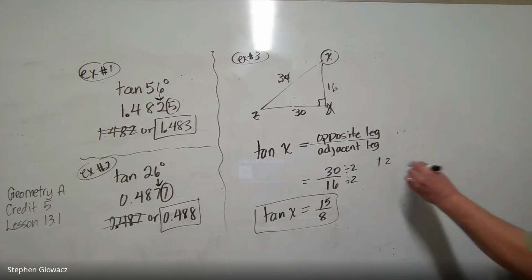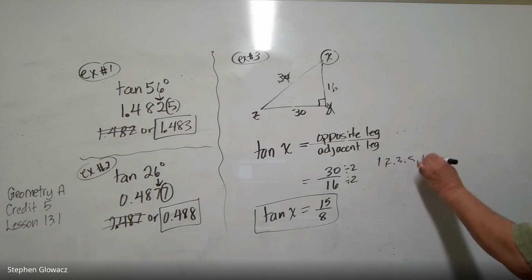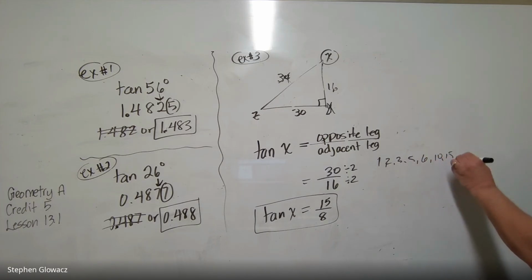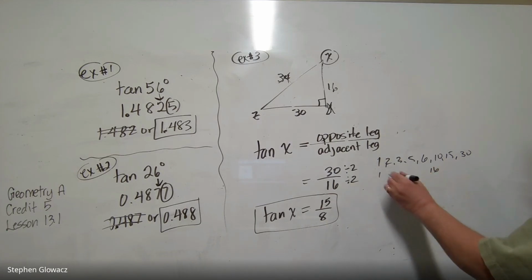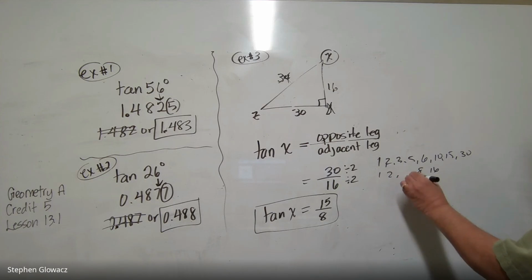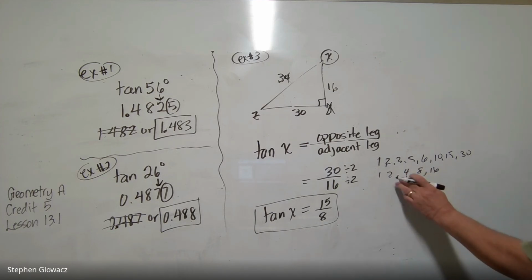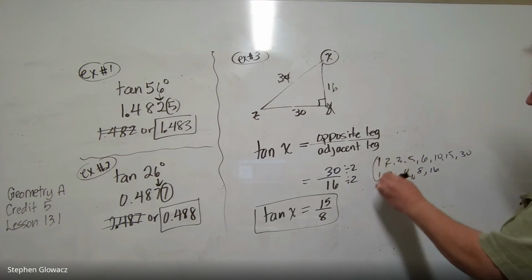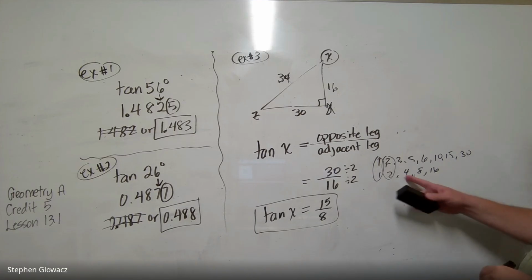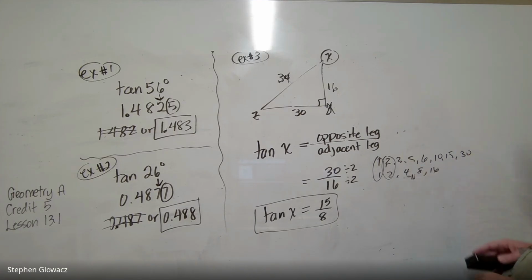Get our eraser here. And then the factors of 16 are 1 and 16, 2 and 8, and then 4 and 4. And so the only numbers they have in common are 1 and 2. Notice 4, 8, and 16 do not appear up here.